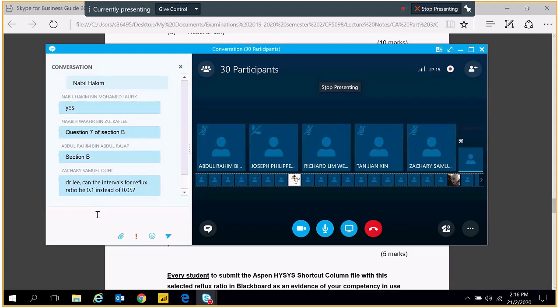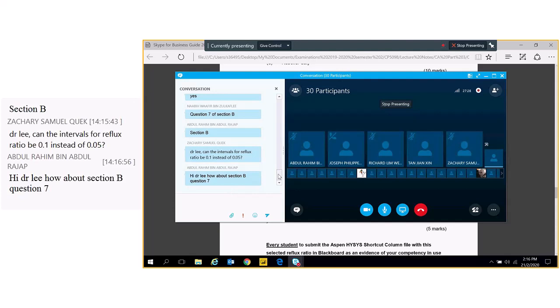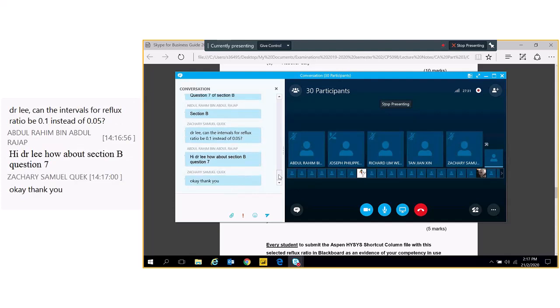The resolution means you don't see the fine details, how the condenser duty, the reboiler duty, and the actual number of trays change when you change the external reflux ratio. So do it more slowly by using a step size of 0.05: 1.20, then 1.25, and so on. Of course, you can use 1.20, 1.22, 1.24, 1.26. You can do that. So using a smaller step size will be better. You get a smoother curve.